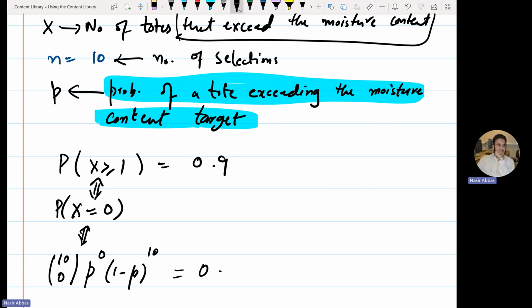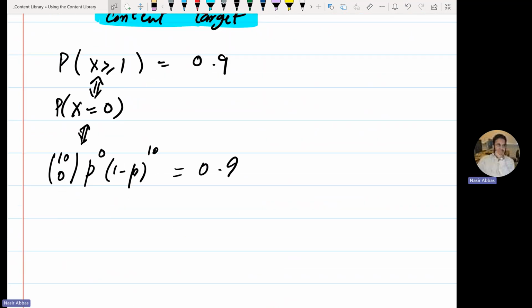This is given to be 0.9, correct? Can we solve it for p? What is 10 combination 0? 10 choose 0. Calculators. It's 1. What is p to the power 0? It's 1. So 1 minus p to the power 10 is 0.9.